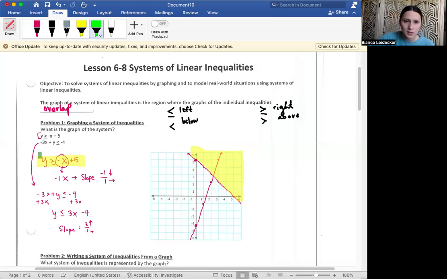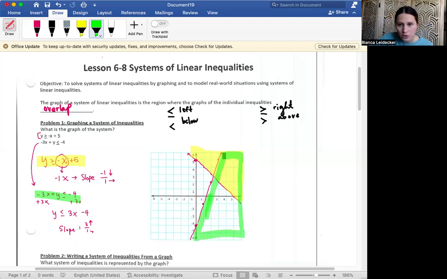And then my second equation is less than or equal to, meaning I'm going to shade below the line, which will be right here.